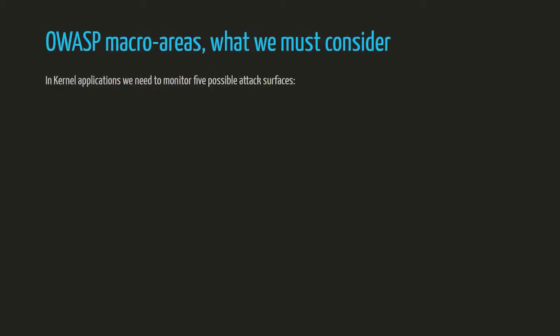But what must we consider when we say OWASP? In kernel applications, we need to monitor 5 possible attack surfaces. The first one is client-side, so our code written in JavaScript. The second is the web server with IIS configuration.